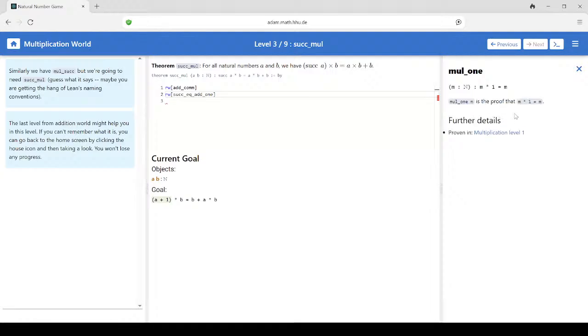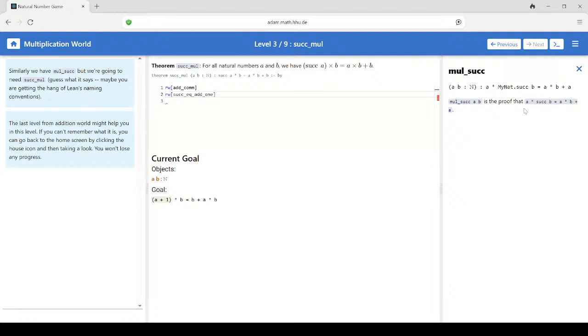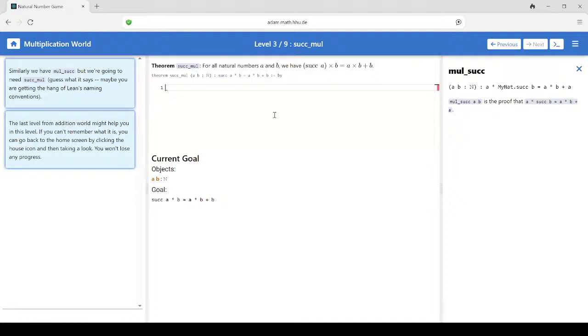We've only got proof that something times 1 is itself, and the proof that something times the successor of something equals those two things multiplied plus A. Okay. Let me start over.